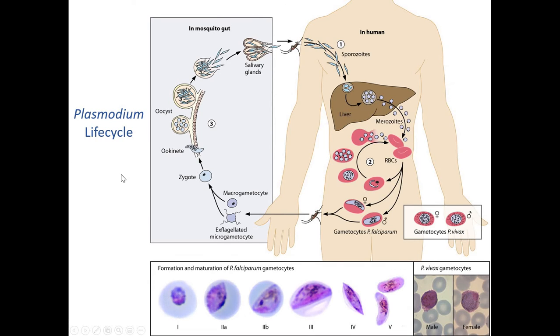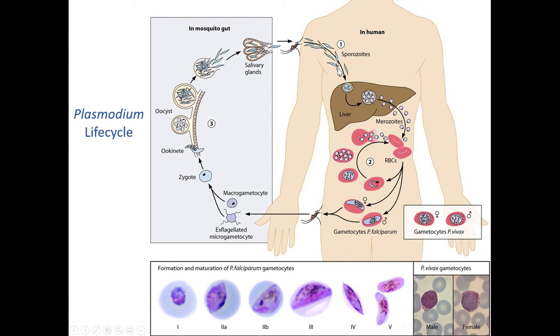And then in terms of the complexity of these microbes, what I'm showing you is the Plasmodium life cycle, or basically the life cycle that a malaria parasite will undergo from mosquitoes to humans. When humans are bitten by a mosquito, that bite will inject malaria sporozoites. This is the initial stage of the parasite's life cycle.